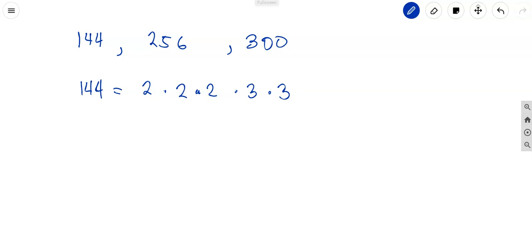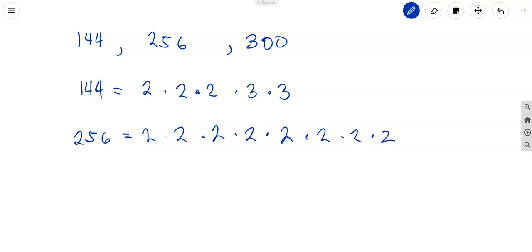For 256, we will have 2 times 2 times 2 times 2 times 2 times 2 times 2 times 2, so 2 to the power of 8, which is equal to 256.